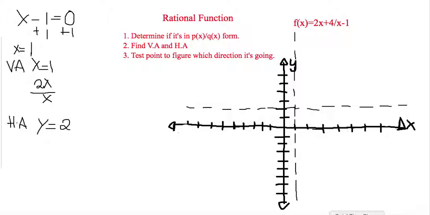So I will not use 1, right? Because you can never cross the vertical asymptote. So I will use 2.